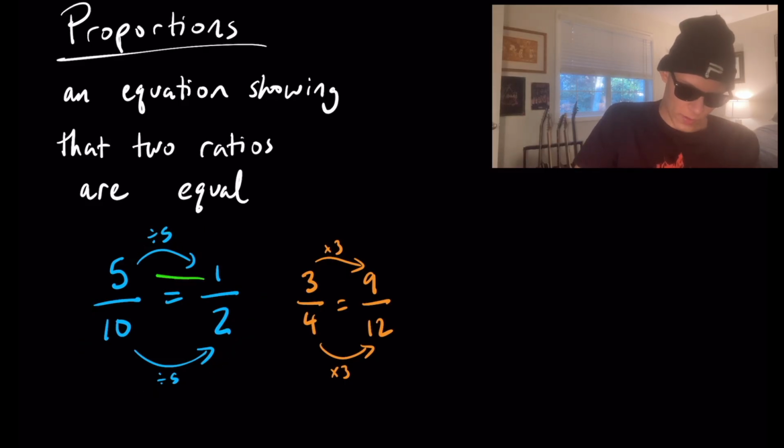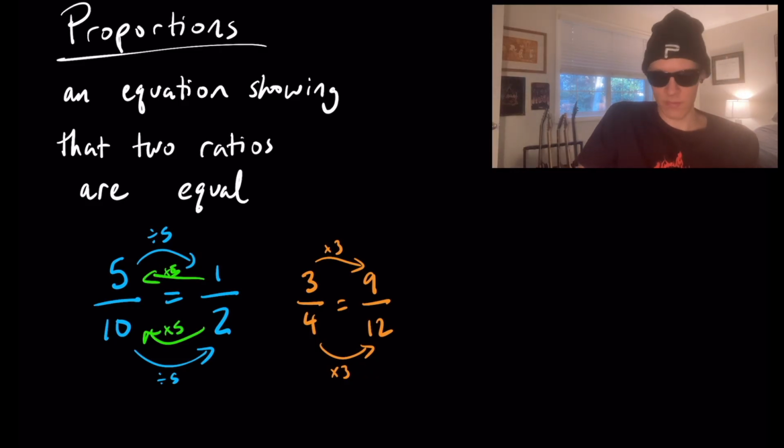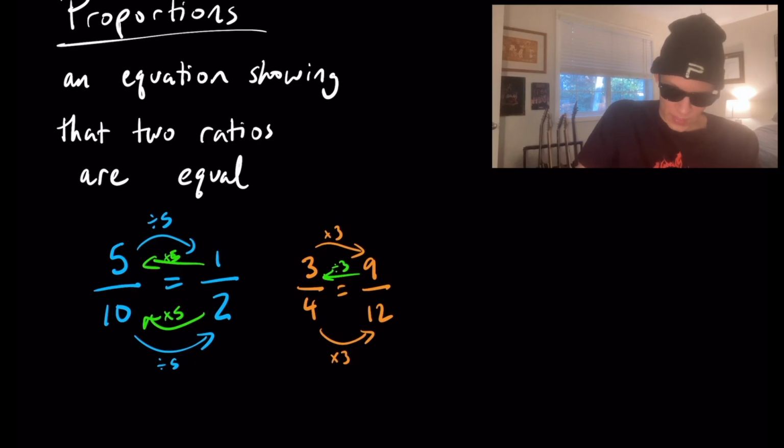So 1 times 5 is going to give us 5. And then 2 times 5 is going to give us 10. Same thing over here. Instead of multiplying by 3, we can divide by 3 if we're going from right to left. 9 divided by 3 is 3. And then 12 divided by 3 is going to be 4.